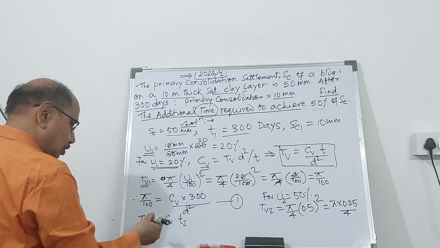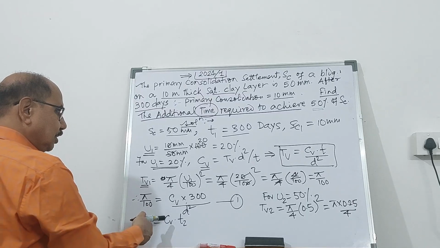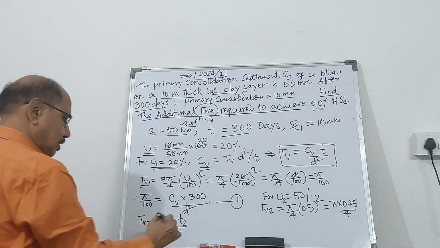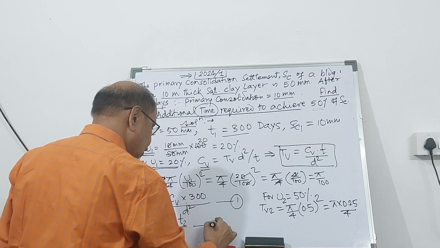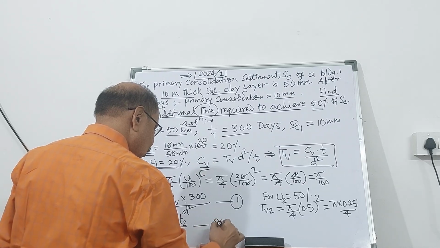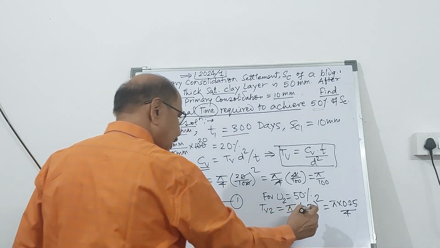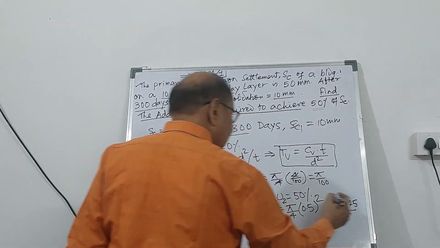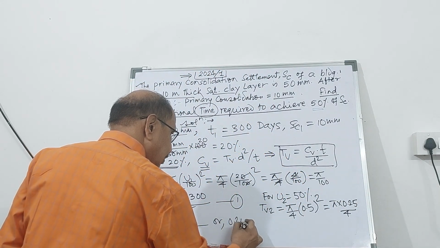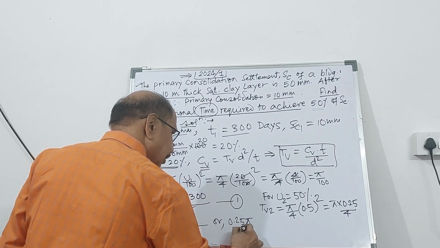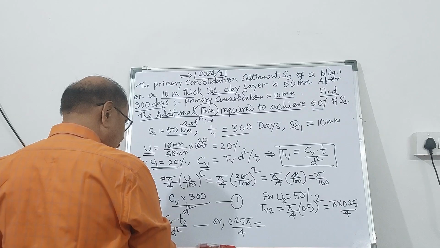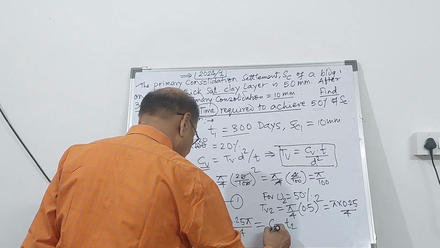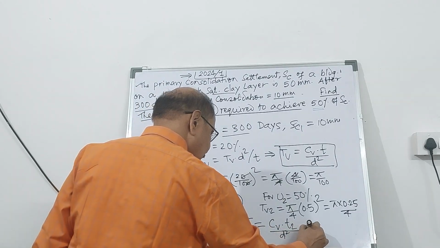So TV2 is 0.25 times pi divided by 4 equal to CV into T2, which we want to find out, divided by d square.